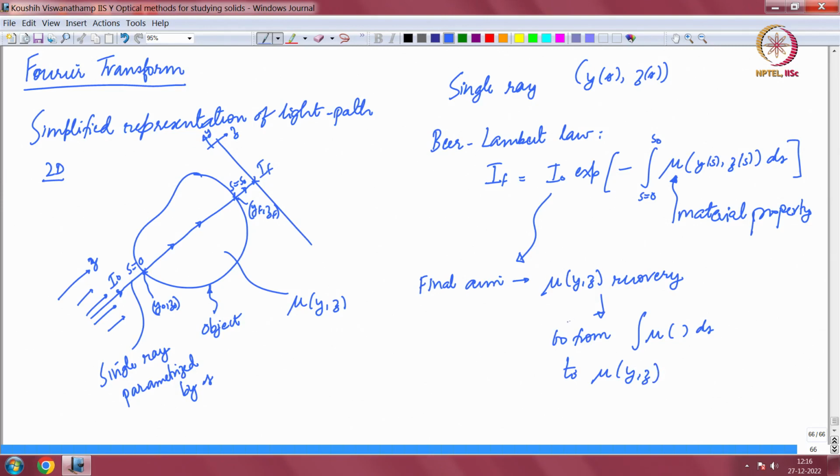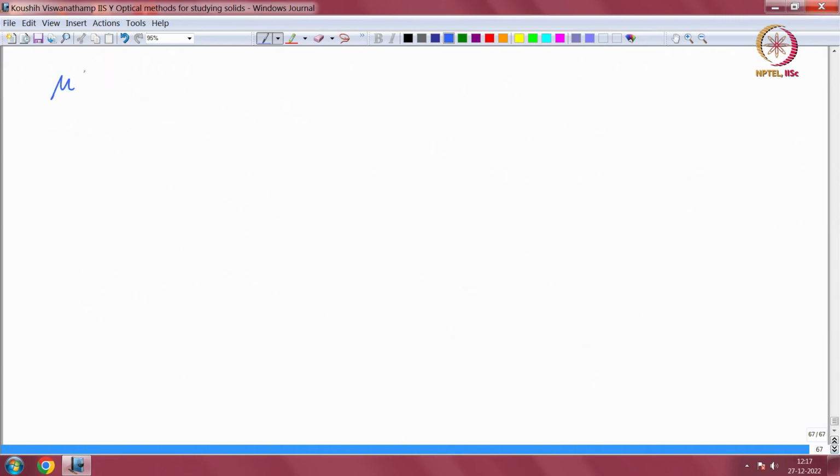And the way to do this is using Fourier transforms, as we will see maybe towards the end of today's session, okay. Now this mu itself, mu of yz or whatever, xz depending on the direction, this can be anything, okay.